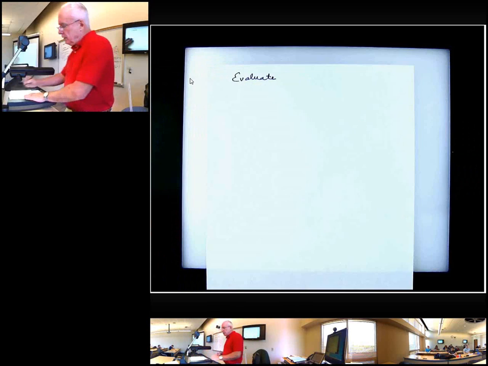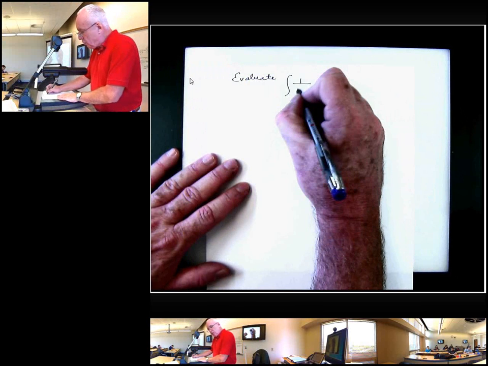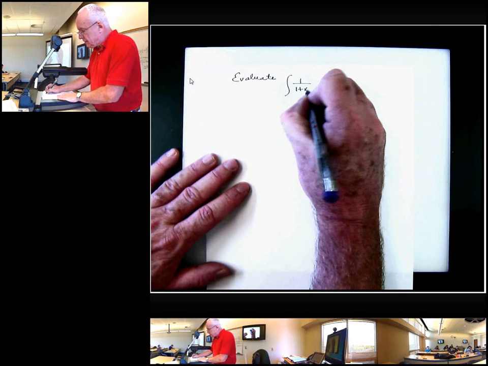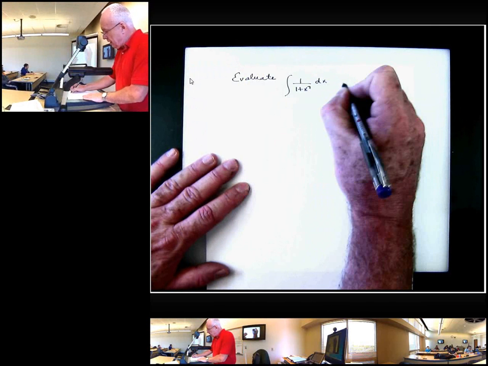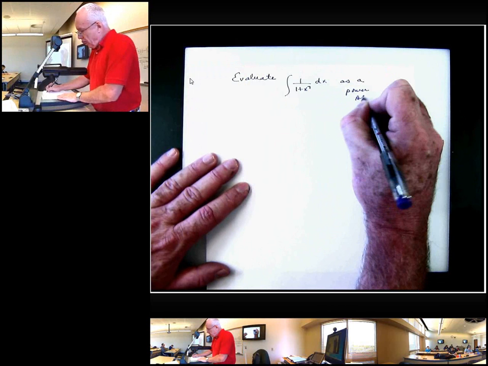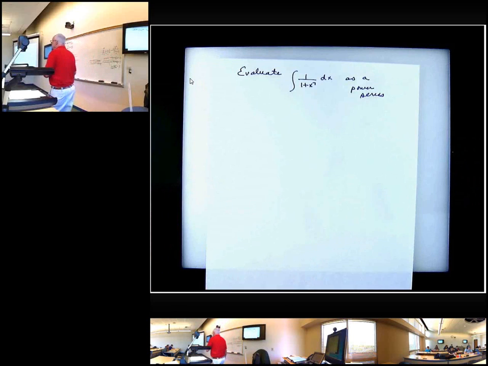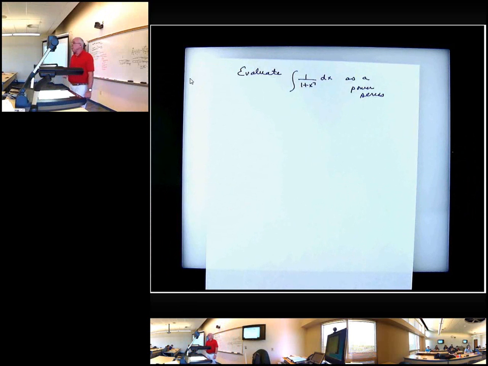Evaluate this antiderivative, the integral of 1 over 1 plus x to the 7th dx, as a power series. Now for starters, say you didn't know anything about power series at all, and you had, on a homework or a test, to figure out the antiderivative of 1 over 1 plus x to the 7th power.